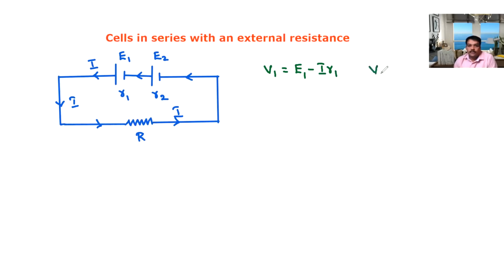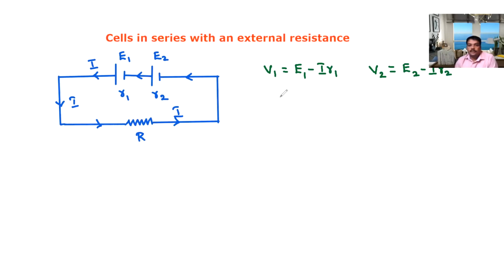Now the terminal voltage across the second cell is E2 minus I R2, where R2 is the internal resistance of the second cell.